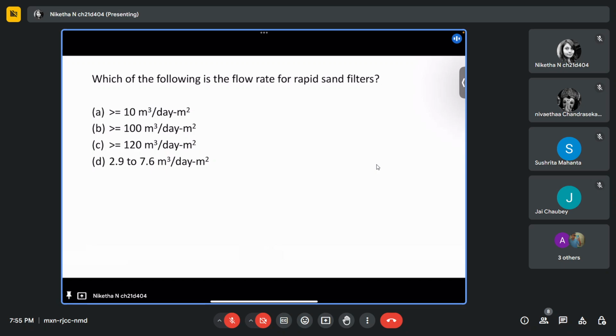Which is the flow rate for rapid sand filters? So for rapid sand filter, the flow rate will be high or low?